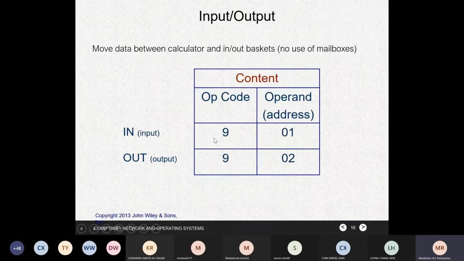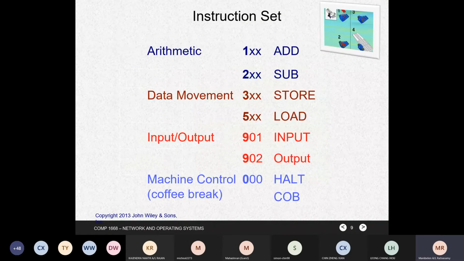So when you look at 901, when you look at the number, you know 901 means there is an input. 902 means there is output. This is how we understand. So the next time you see 901, you must understand it is an input. You see 902, you must understand it is output. 1 something something must be add, and 2 something something sub.